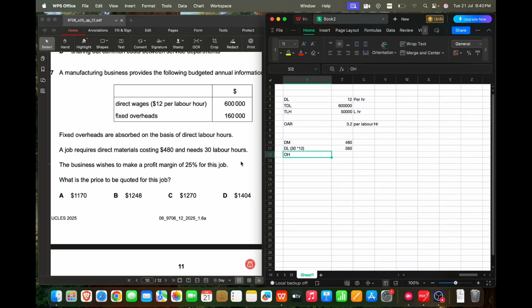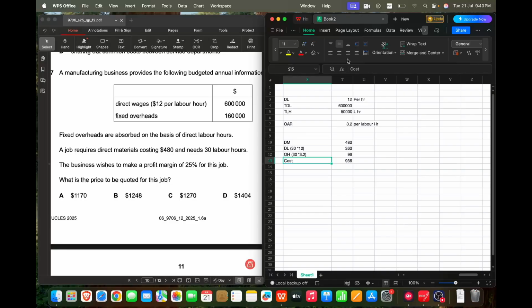Overhead: we require 30 labor hours, so overhead is also charged for those 30 hours. Okay, 30 hours, and the overhead per hour we are paying is $3.2. So 30 into 3.2, which is 96. Now this will give you total cost. $936 is your cost.